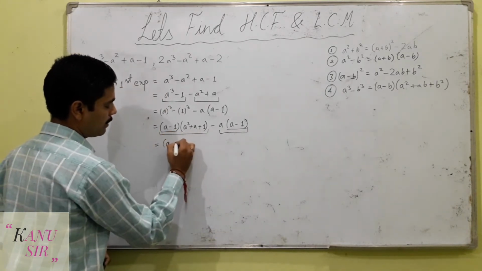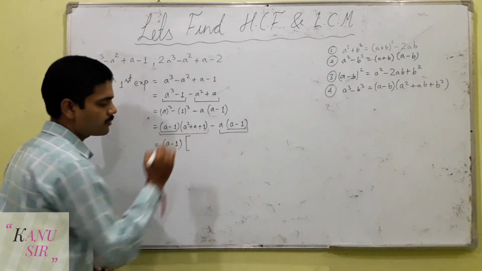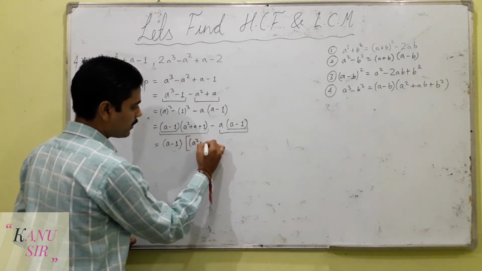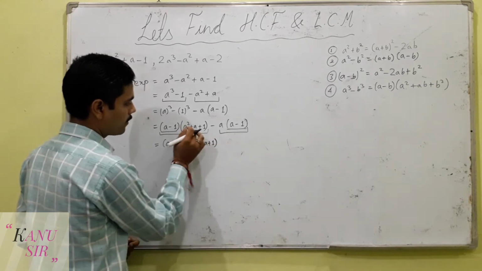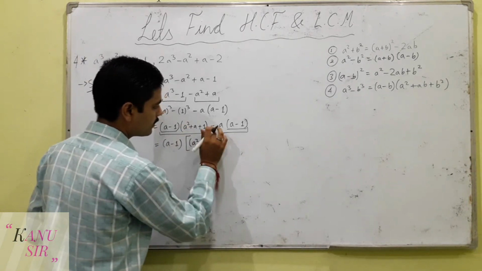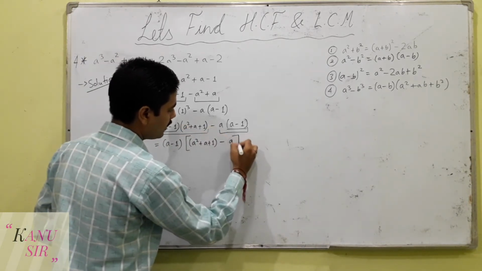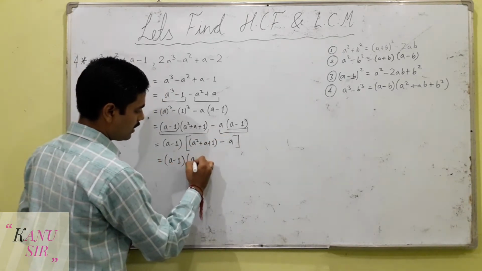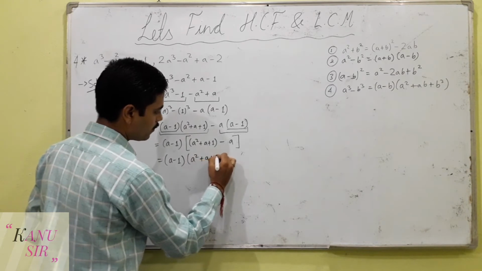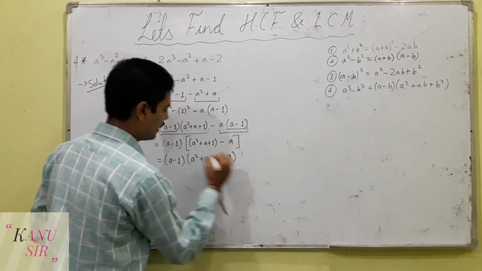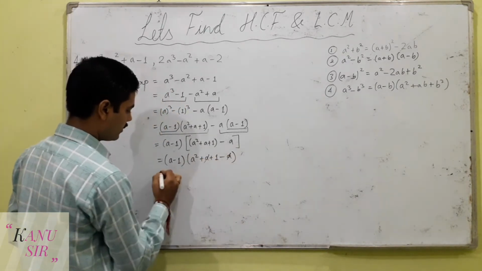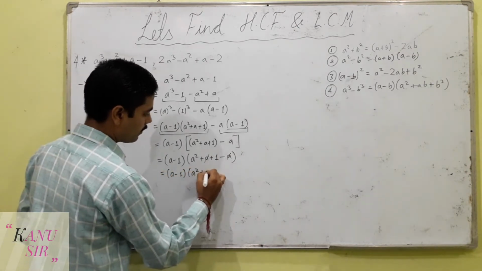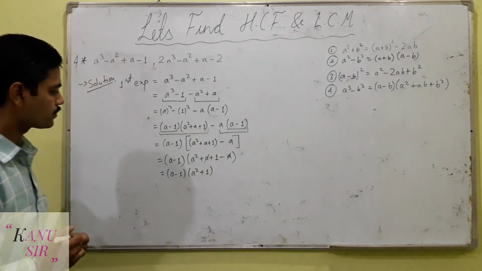Then you write a minus 1, and you take a square bracket and write the first term minus the second term, that is a. Again you can open it as a square plus a plus 1 minus a. Plus a and minus a cancel, you will get a minus 1 and a square plus 1.